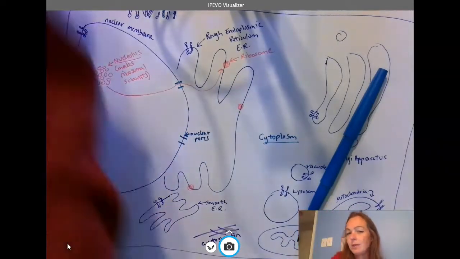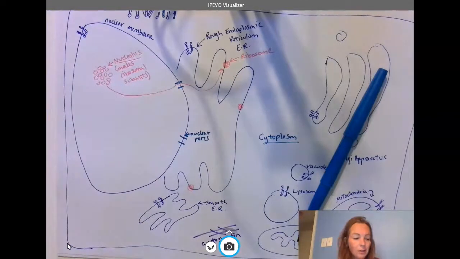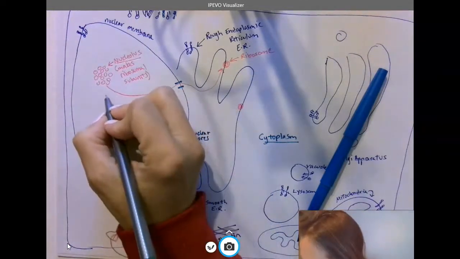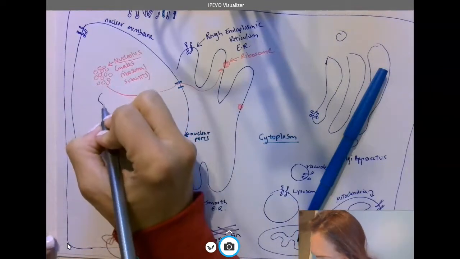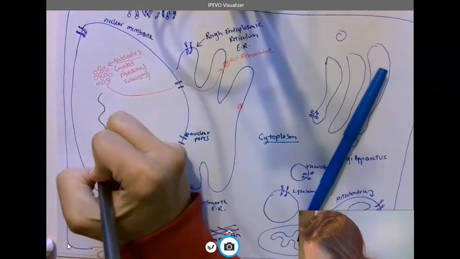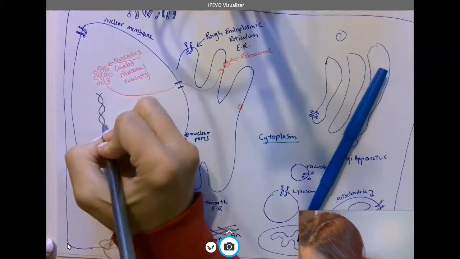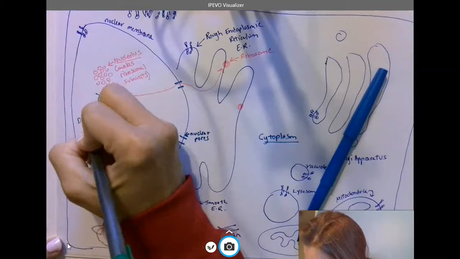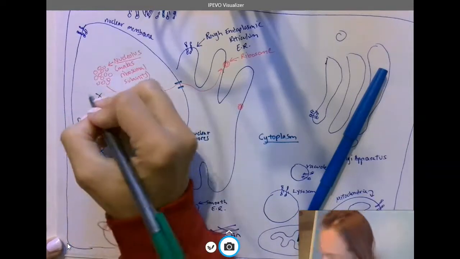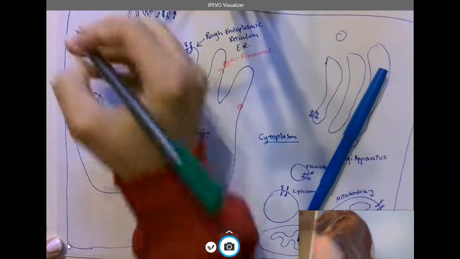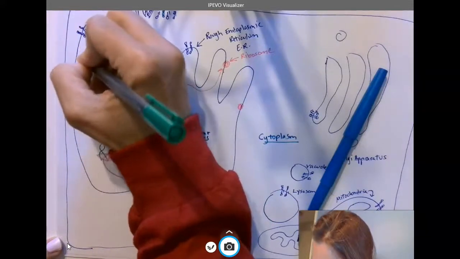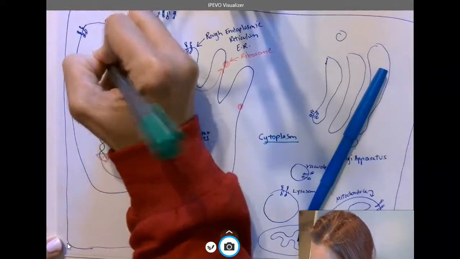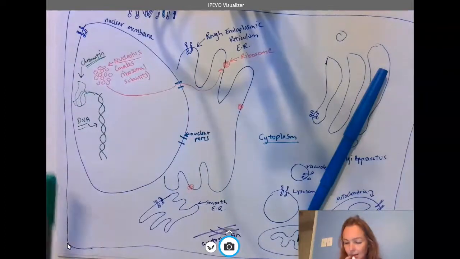Also in the nucleus, we're going to find the chromatin, or the DNA. So here's our DNA. And when it's this kind of stringy format, it's called chromatin. Okay, just a type of DNA.